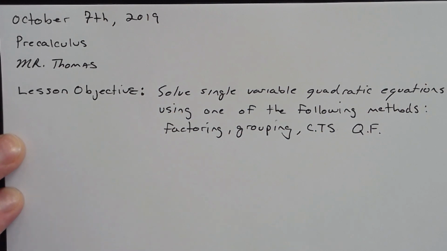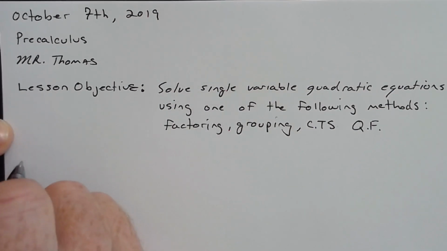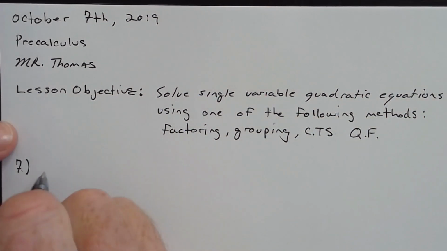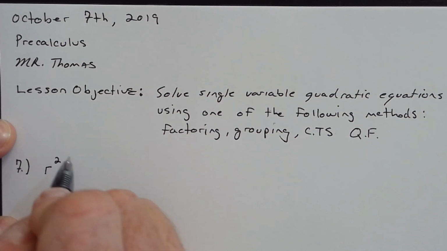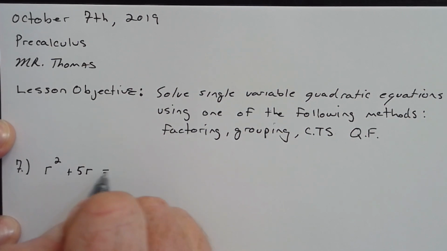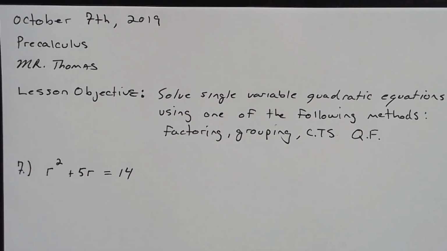So we completed 1 through 6 on Friday, and we're going to pick up on number 7 today. Number 7: r squared plus 5r is equal to 14.